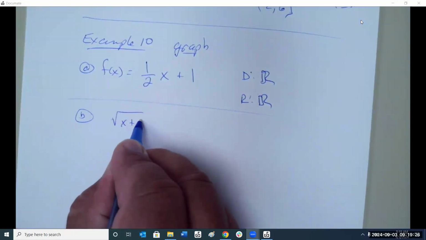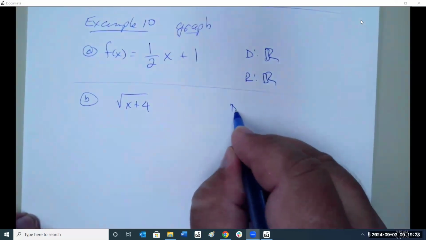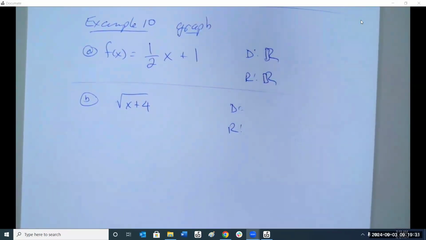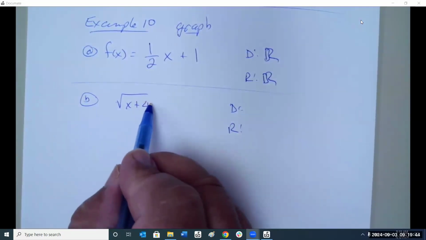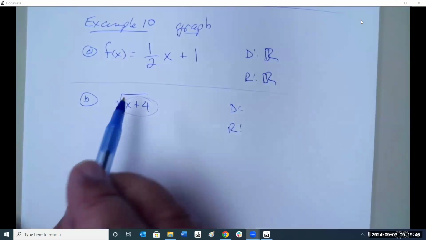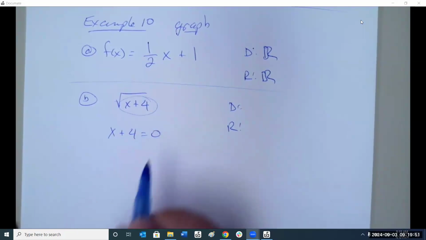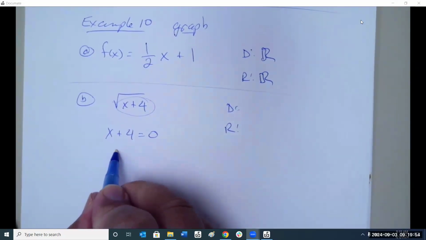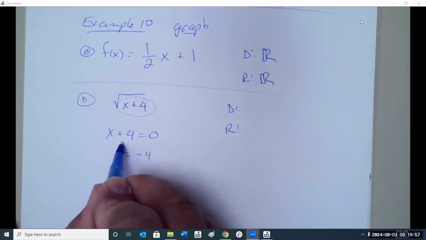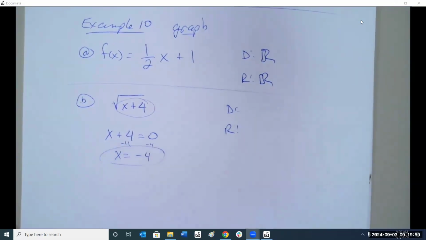How about this one? What's the domain? What's the range here? Let's do this and then we'll call it a day, because the rest of these really mean nothing until we know what the functions really look like. Well, you cannot have negatives inside there, right? So the smallest you can have in there is 0. So take whatever's inside there and set it equal to 0. That means we subtract 4, so x equals -4. That's the smallest you can put in there.